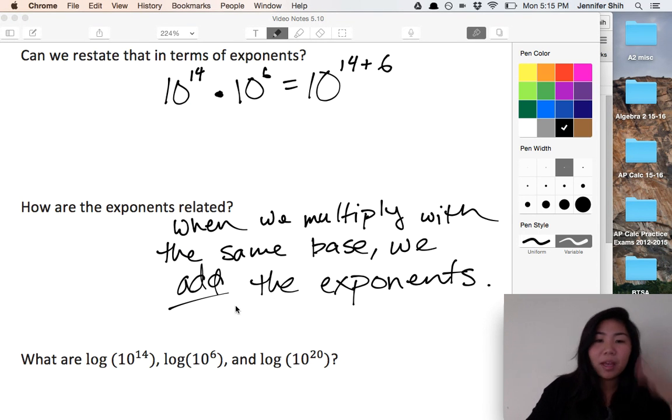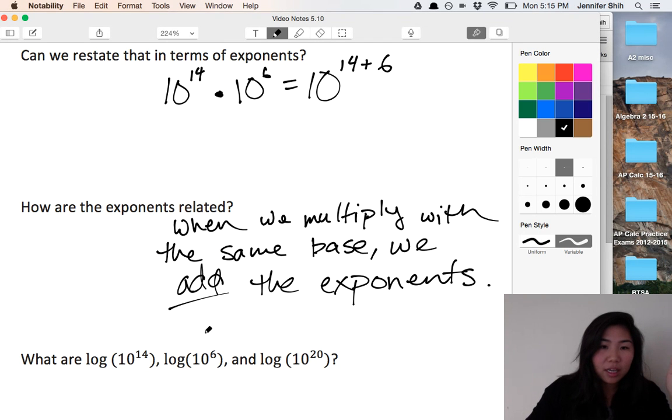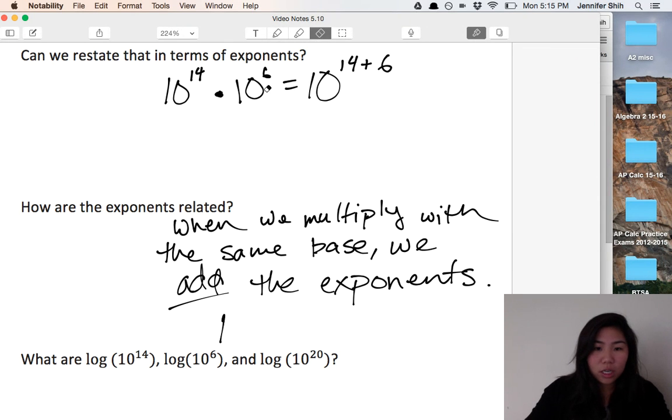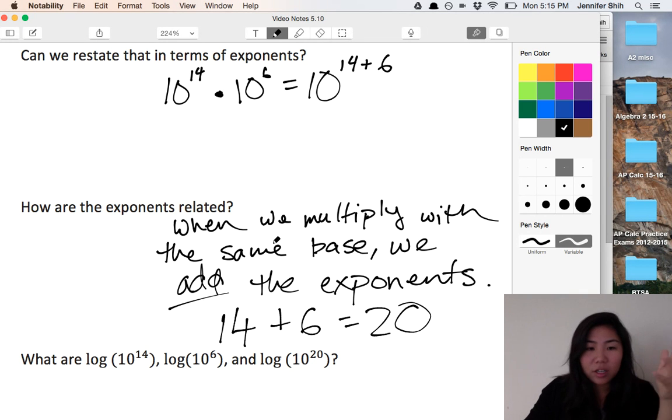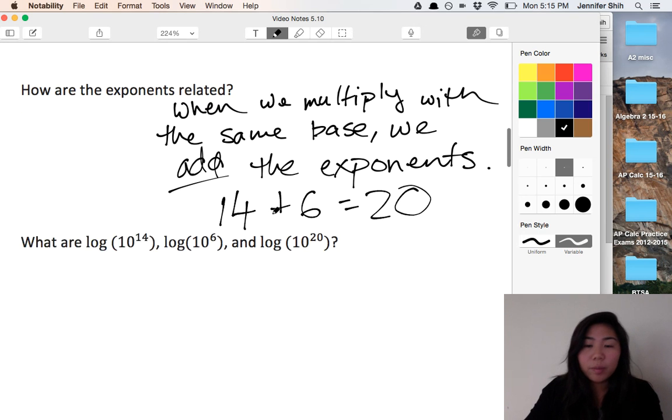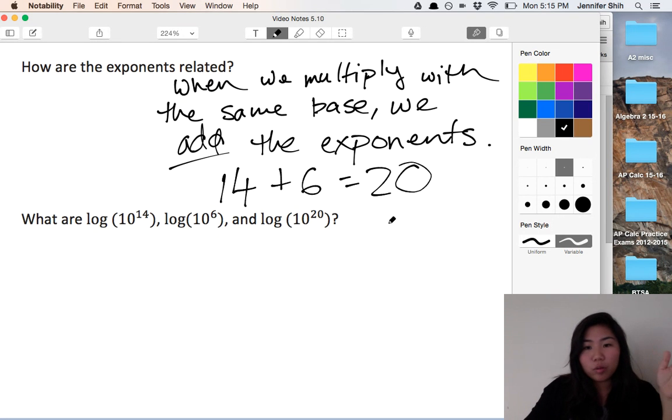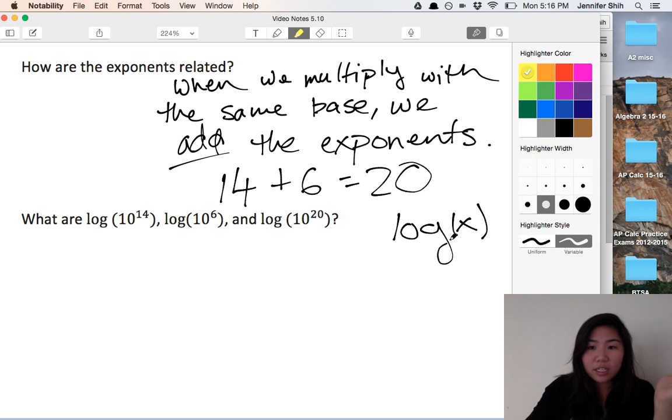Okay, so as you finished writing how are the exponents related, we added the exponents. 14 plus 6 is equal to 20. Now let's talk about this in log form. As a reminder, log of x, when there's no base written, you assume that it's 10.